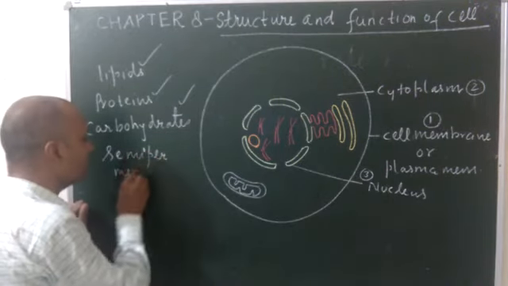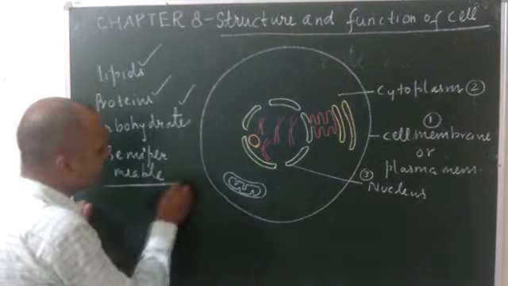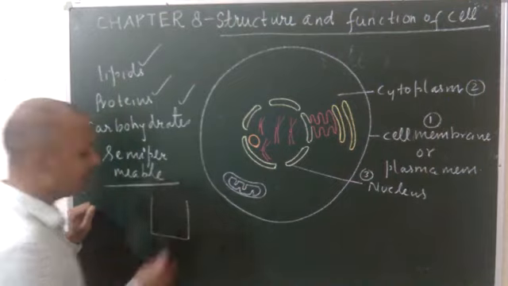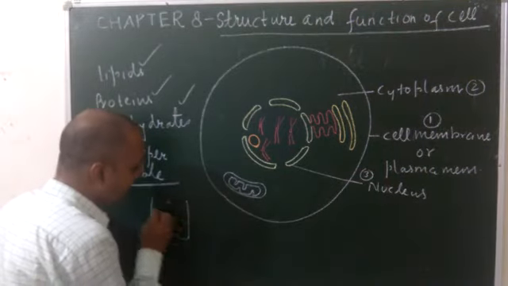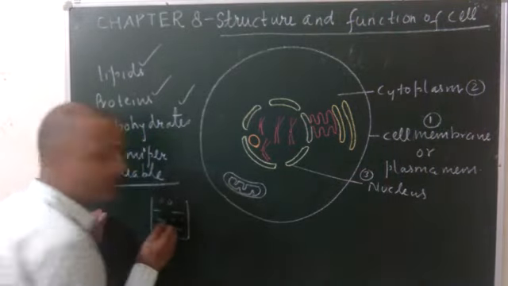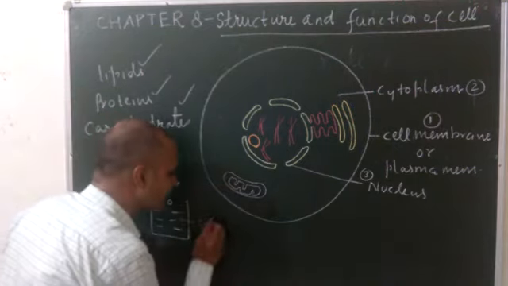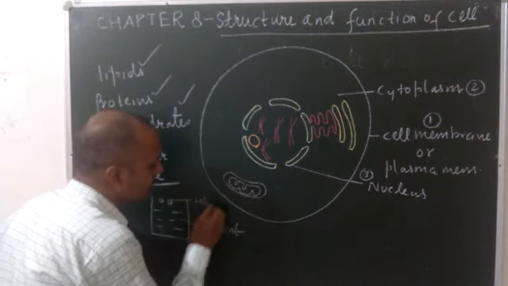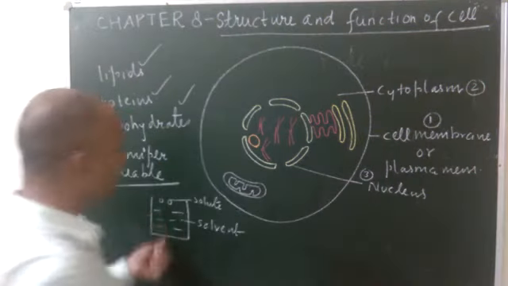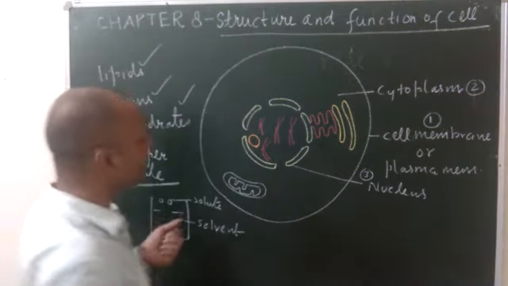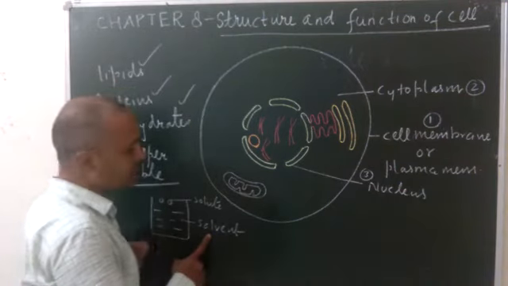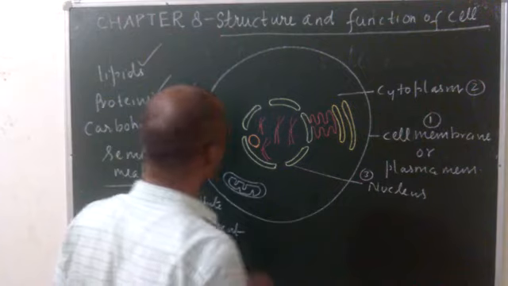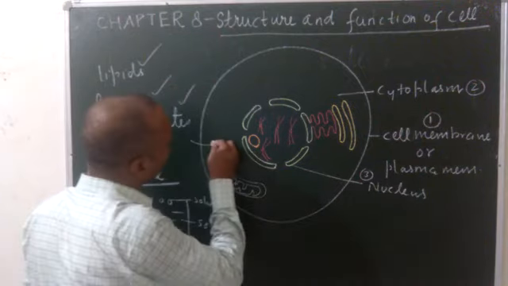What is the meaning of this word? Semi-permeable means, when you take a container and put in liquid, water and sugar, water is called the solvent and sugar is called the solute. This is the solution. So this cell membrane is semi-permeable in nature. That means it allows the solvent to pass along with some selected molecules of solute.